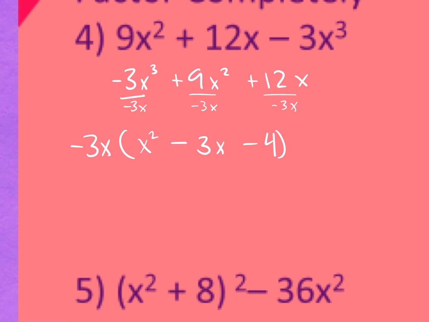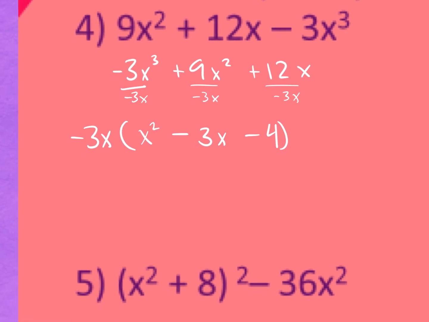Am I done? Now let's see if we can factor this more. What are two factors of negative 4 that add to negative 3? Negative 4 and 1, perfect. So in my parentheses, I have x minus 4 and x plus 1.